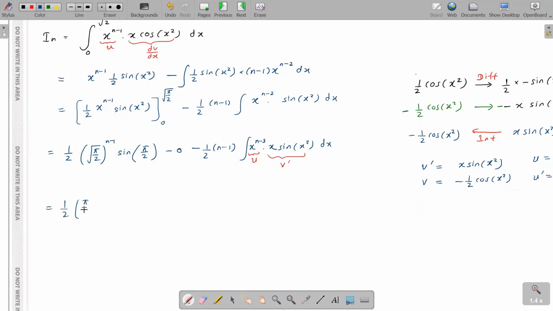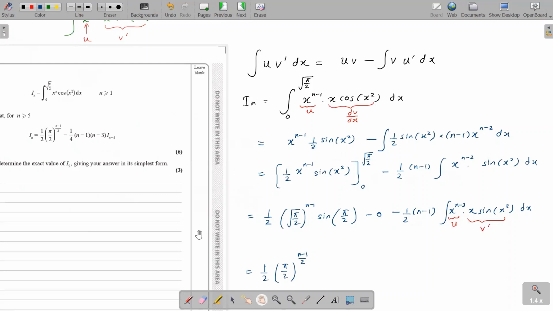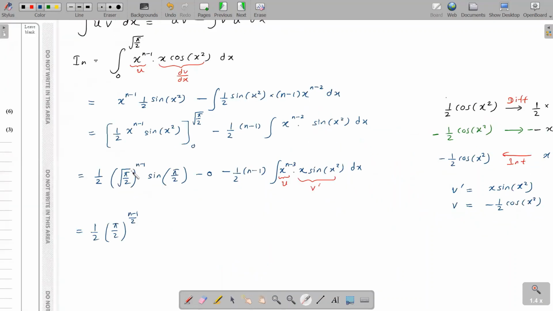So shall I write pi over 2 to the power n minus 1 over 2? Yeah, n minus 1 over 2, because a root means the power half. So half into n minus 1 is n minus 1 divided by 2. Sine pi over 2 is directly 1. So that's directly 1. Minus 0 is not required. Minus half times n minus 1.